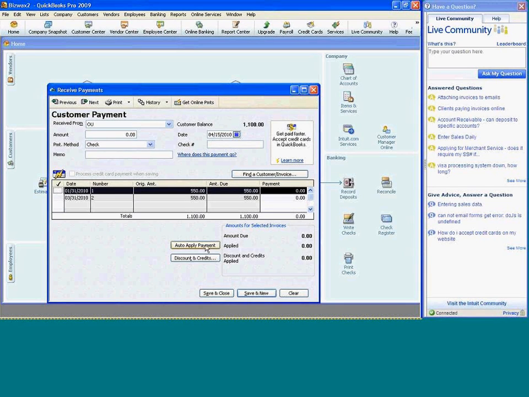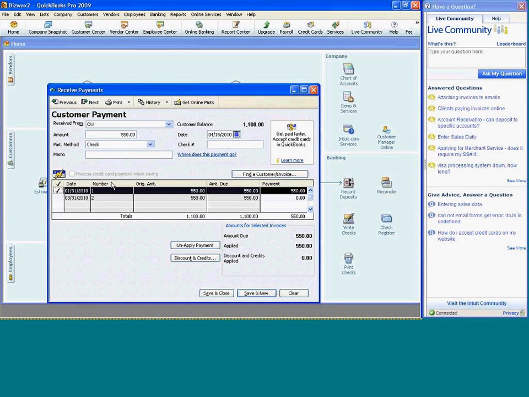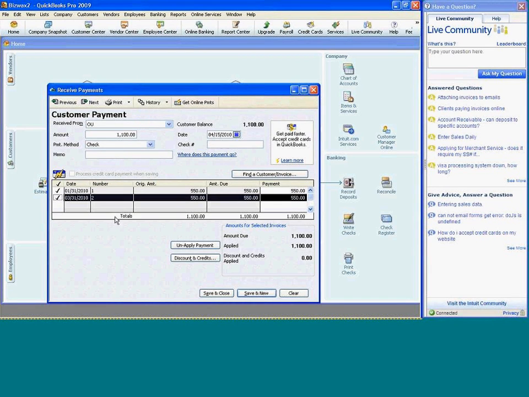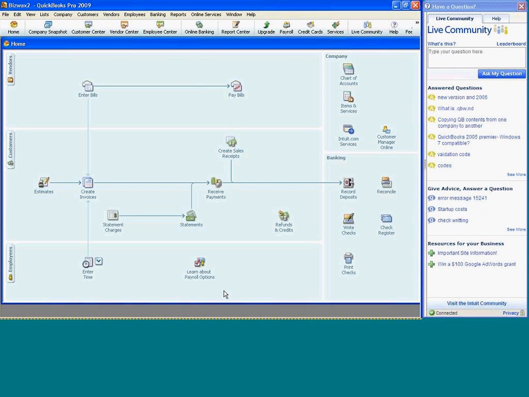So I'll say auto apply payment. So what happened, QuickBooks automatically knows how much the payment was, and so that's the payment, save and close. So now the payments are successfully saved and closed.